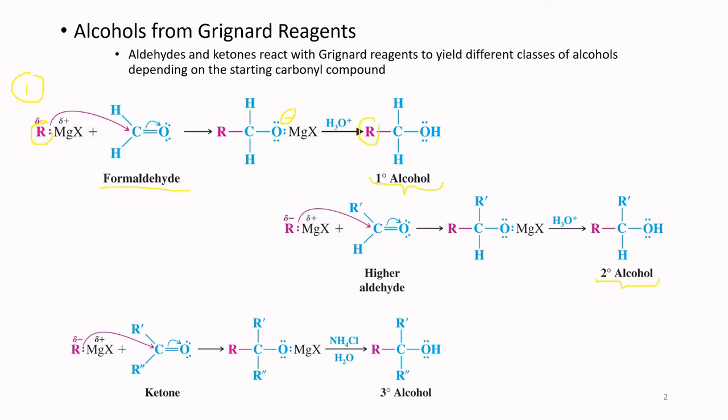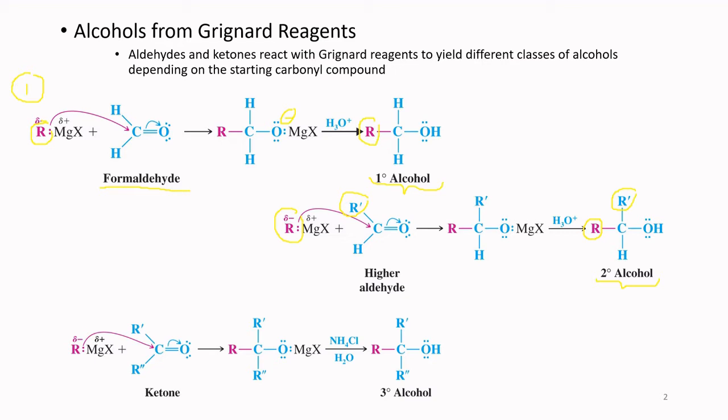What makes it a secondary alcohol? Because we have one R group from the Grignard reagent and another R prime group from the aldehyde compound.